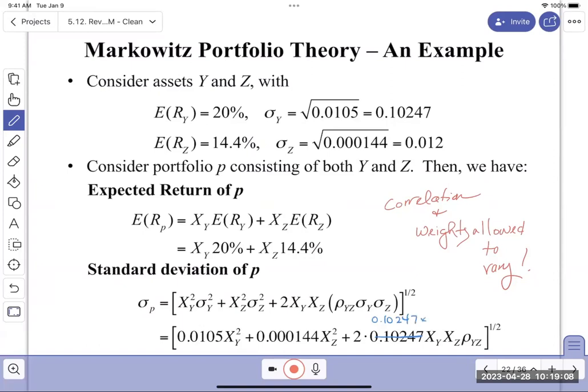This should be 0.10247 times, put a bracket, 0.012. And then it'll work. 0.10247 times 0.012 times 2 times 0.5 squared.